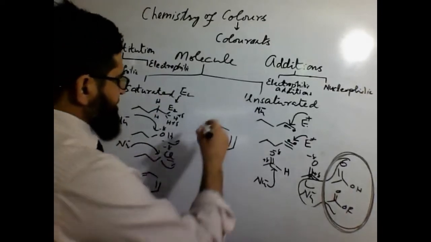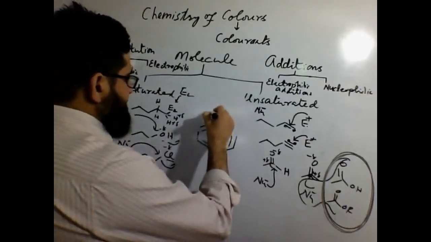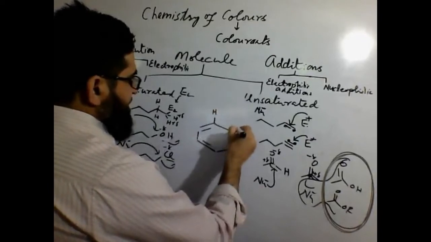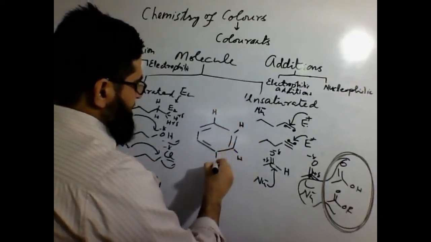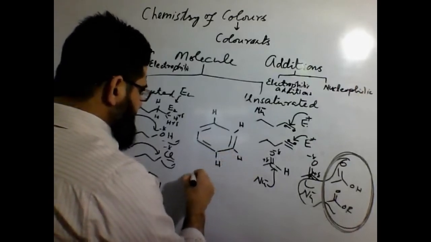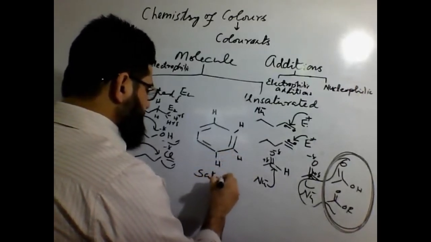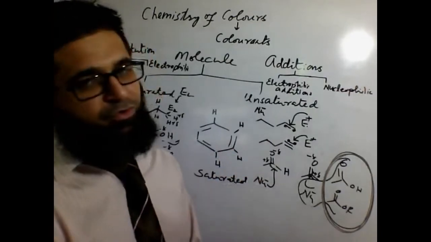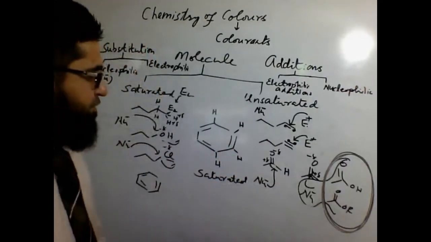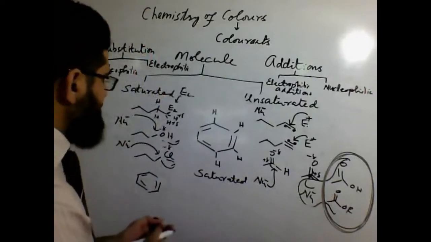As I've told you, benzene's double bonds are more like single bonds, so it is supposed to act as a saturated molecule. When the molecule is saturated it should not undergo addition, it should undergo substitution only.